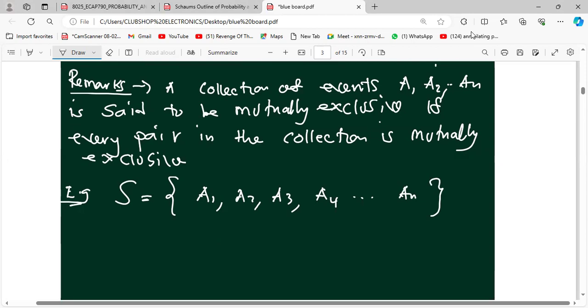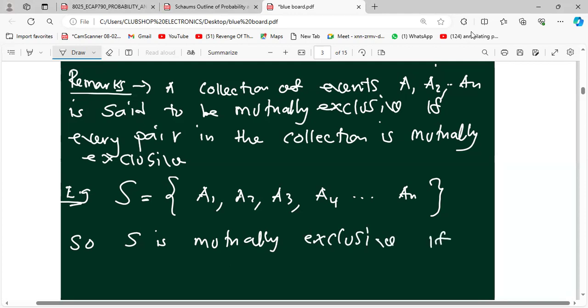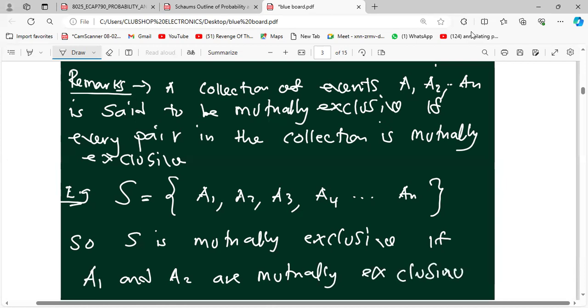If this collection is mutually exclusive, then, for example, A1 and A2 are mutually exclusive.